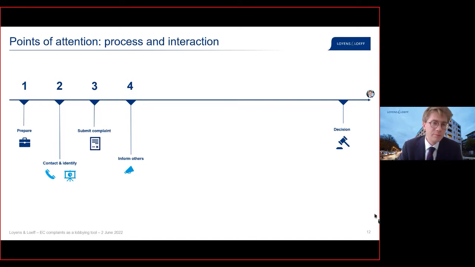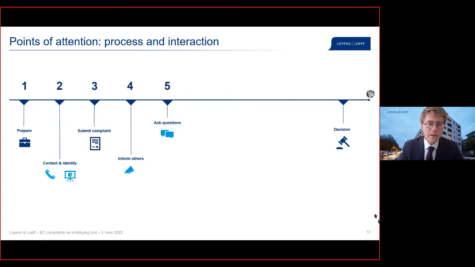You could also consider, before filing a complaint, to first contact your sector federation and ask it to act on your behalf, or on behalf of several undertakings, to file the complaint. This is all because the Commission will give more priority or more weight to your complaint if it is not only a single complaint, but a complaint of several undertakings, or of a sector federation.